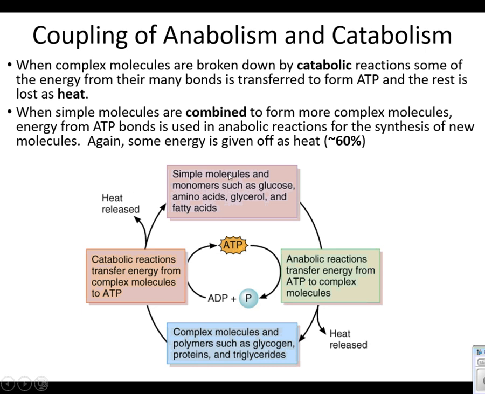Once we've broken down those simple molecules, which is like what we just did with digestion, we can take things like amino acids into our body and use ATP to build big stuff up, like the proteins in our muscle, for example. Okay. And that also will result in heat being given off. Actually, a significant amount, about 60%.